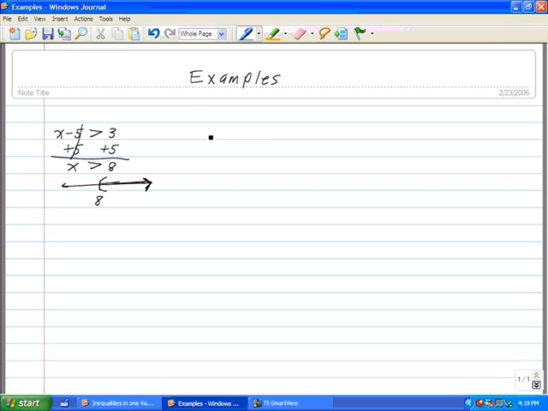In a similar fashion, I can subtract. If I had a W plus 11 being less than or equal to 5, I could subtract 11 from both sides. That would cancel. You get the W on the left. Because I did nothing but subtract, and it doesn't matter what you add or subtract, the sign will stay the same, so the less than or equal to will stay less than or equal to, and I'll get a negative 6 for my result.